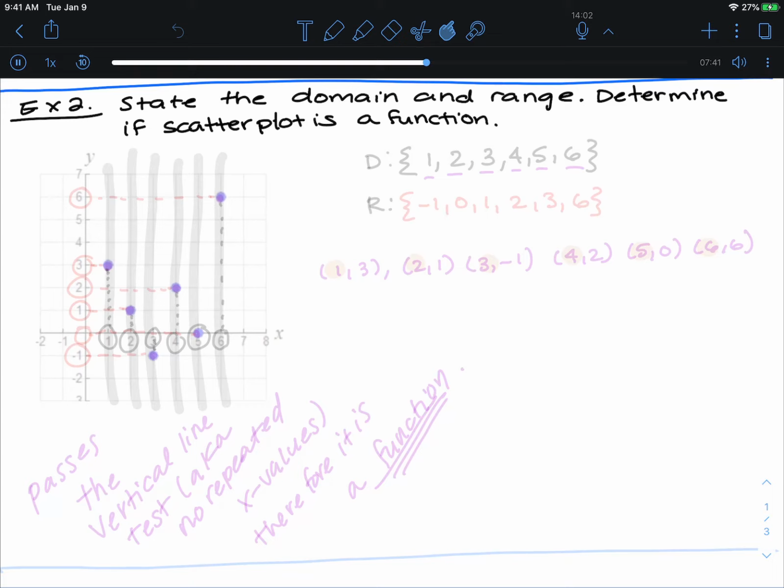So that's going to leave us with this scatter plot right here. So I want to go ahead and find the domain.